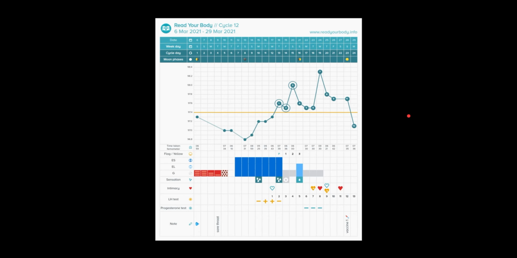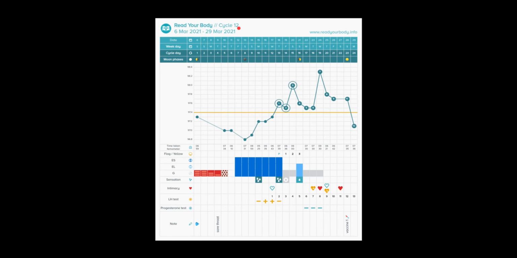So when we start up here on the top left portion of this chart, we can see the Read Your Body logo, and we can see that this particular cycle is cycle 12. Read Your Body allows you to keep track of what cycle number you're recording.